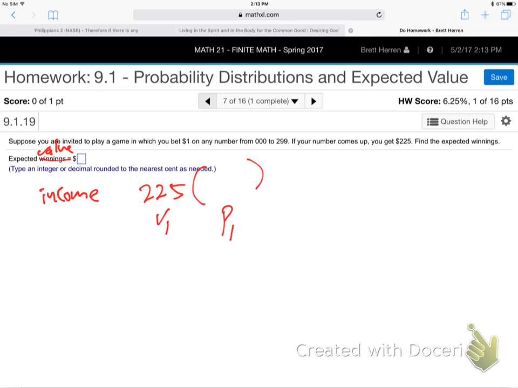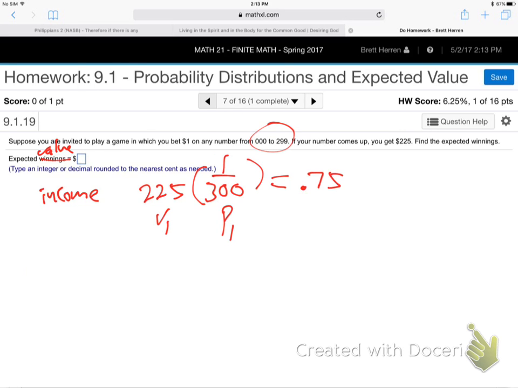What's the chance you're going to win $225? 1 out of 300. There's 300 numbers from 0 to 299, because we include 0: 1 to 299 would be 299, then there's 000. So the income, if you multiply that together, is 0.75. That's the money coming in. That's what you can expect to take in per bet.